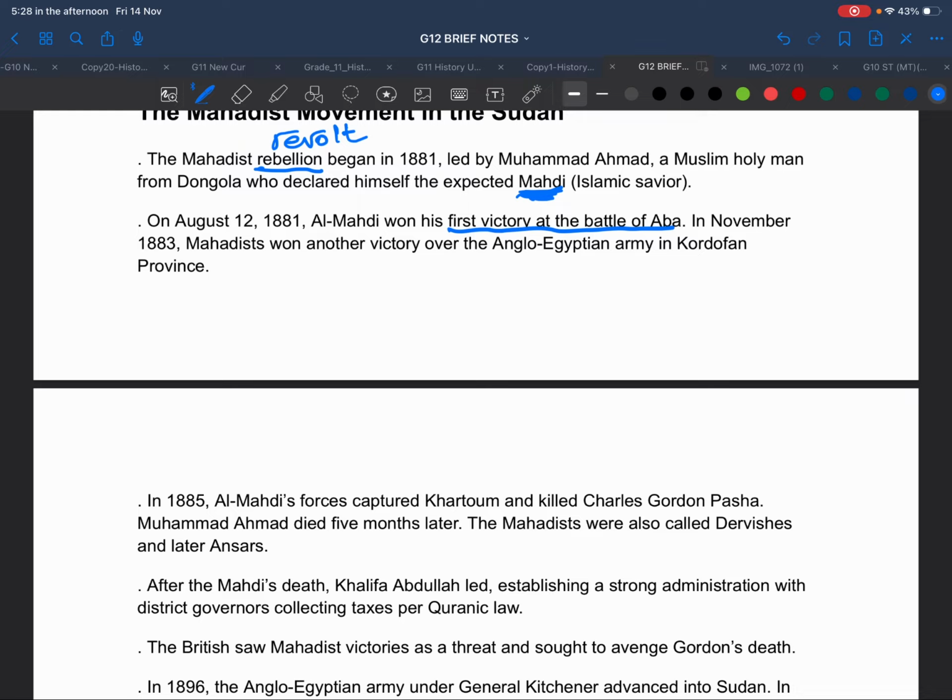Once they controlled Egypt in 1882, every concern of Egypt became the concern of Britain. Therefore, they joined their armies and formed an Anglo-Egyptian army in Kordofan province. Okay, they lost this battle.